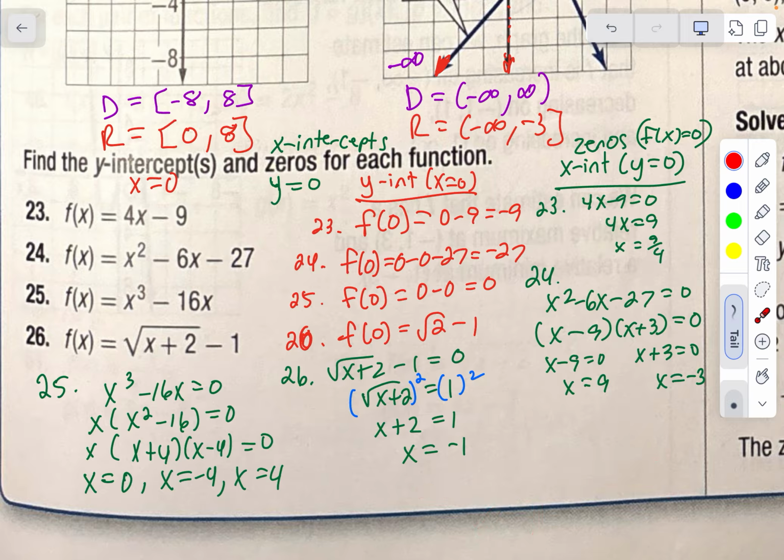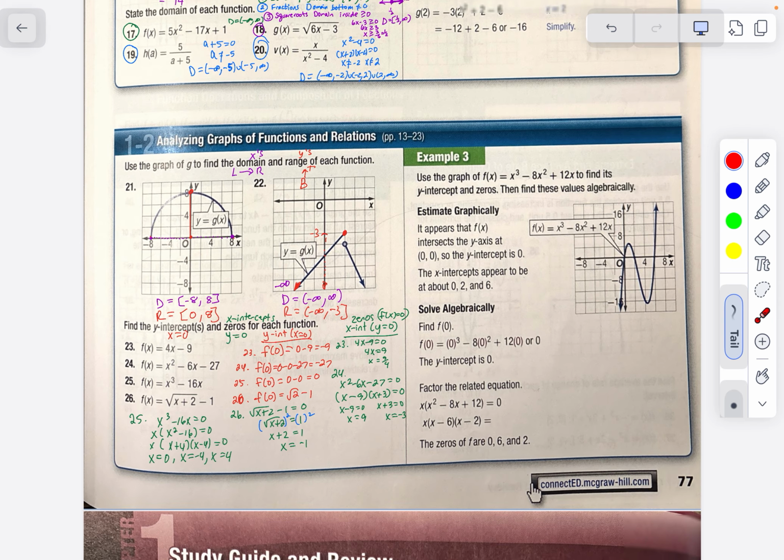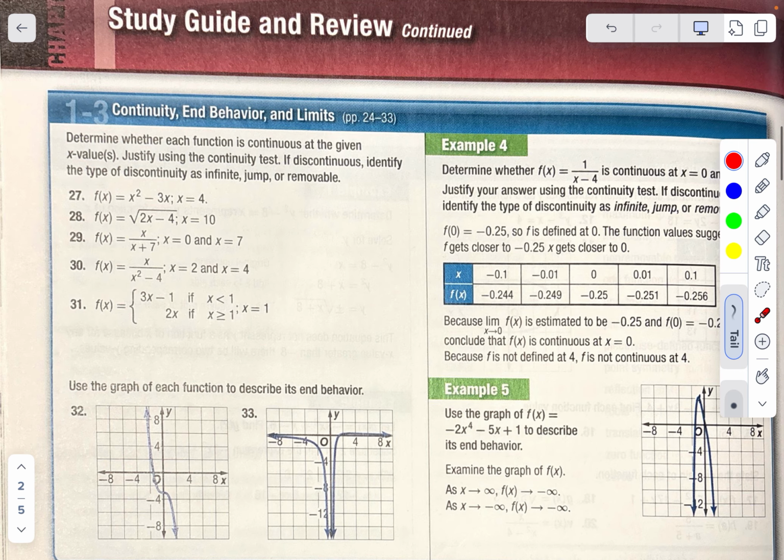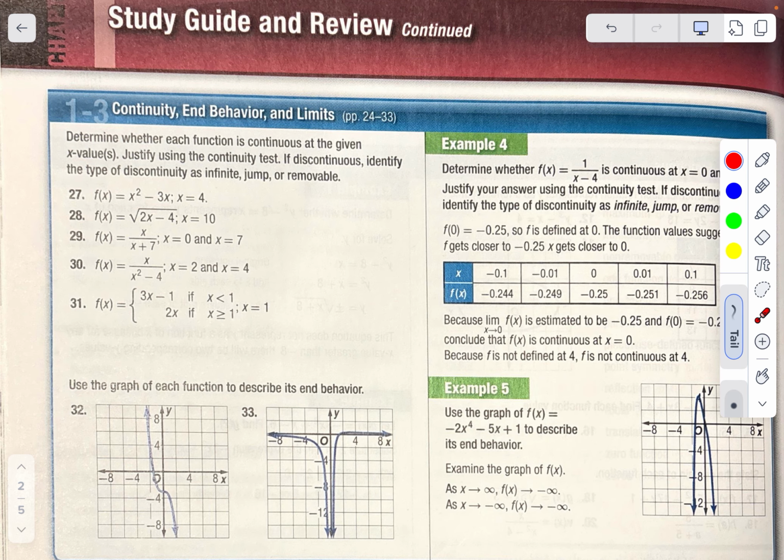So yeah, the graph will check your algebra for you. So use Desmos, check your algebra. Okay? Okay. So that is what's in section 1.2. Any questions there? Okay. Let's talk about 1.3.